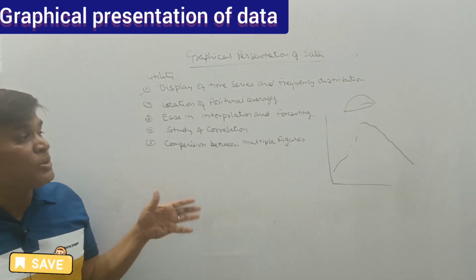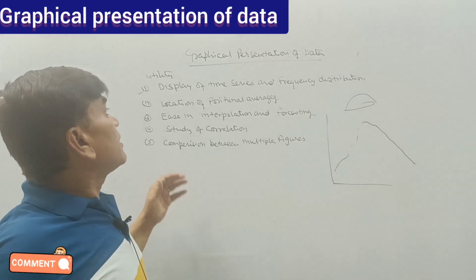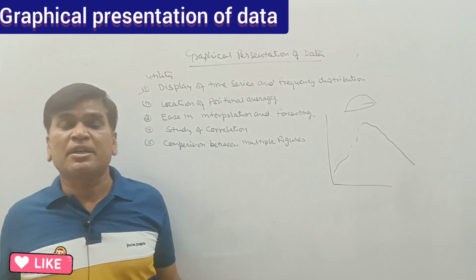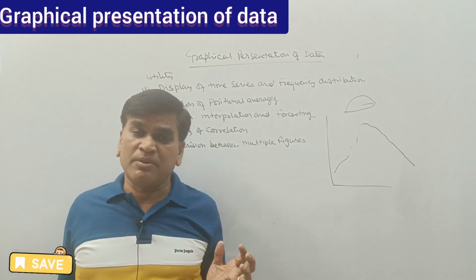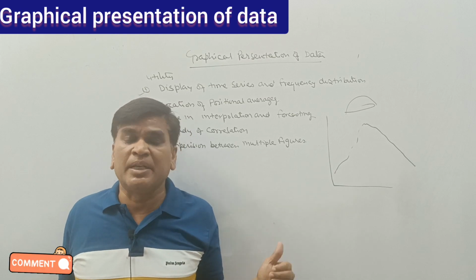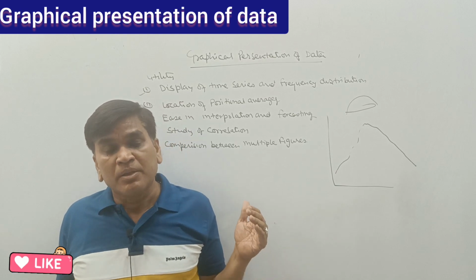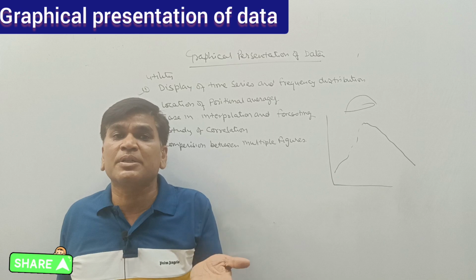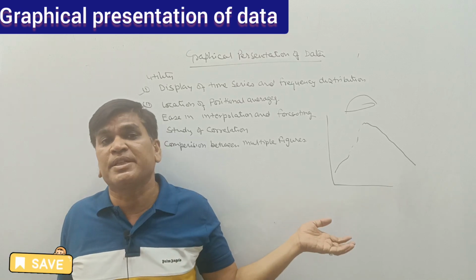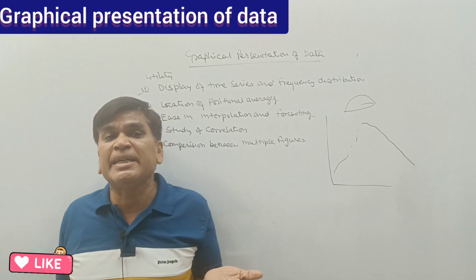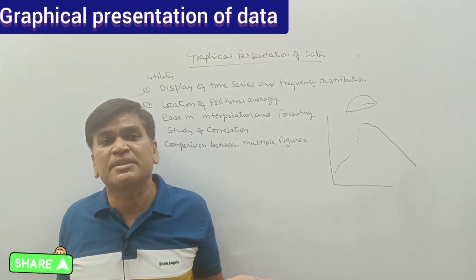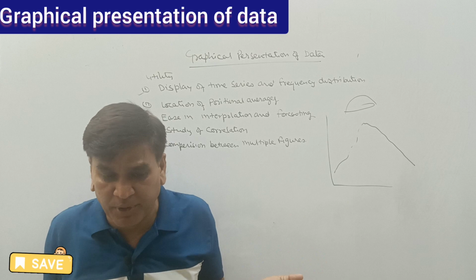So to show the frequency distribution, the graphical presentation is important. For time series data also the graphical presentation is very important. In the least square method, also, to make the forecast for the next period, graphical presentation is very important. In so many statistical chapters the graphical presentation is very important.